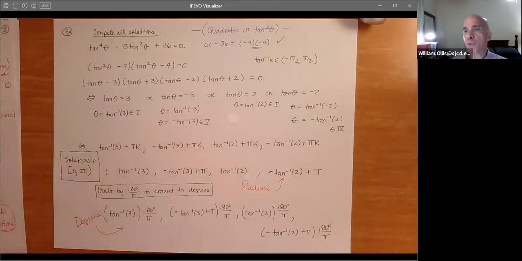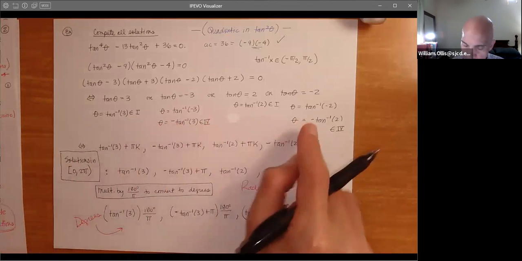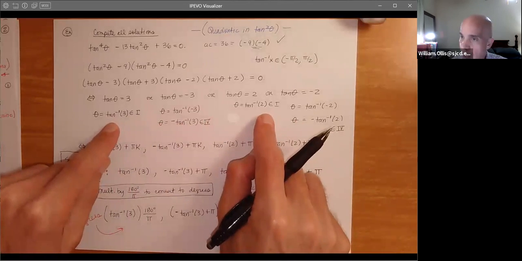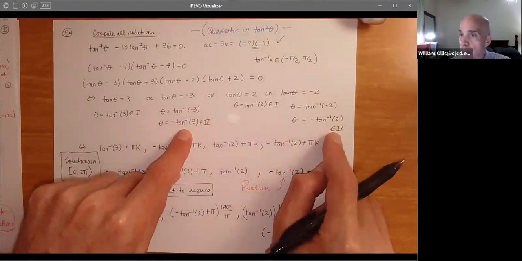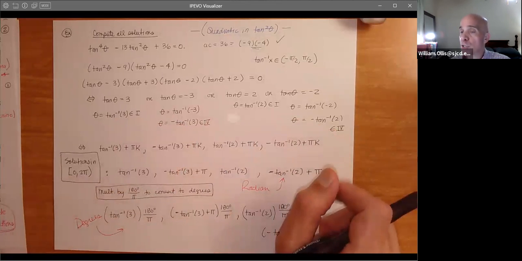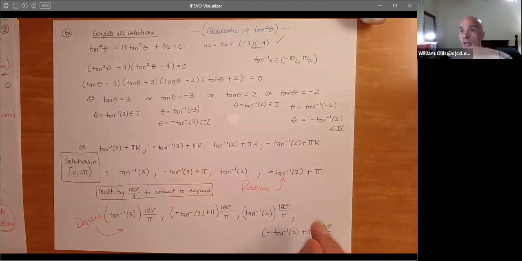Or if you're solving a particular problem where you need to isolate certain solutions, maybe 0 to 2 pi, then you make sure that all of these solutions exist there. These two are easy. From the inverse tangent, we know where they live. These have to be adjusted by adding pi to push them from the fourth quadrant, where we've got a negative value, into the second quadrant.